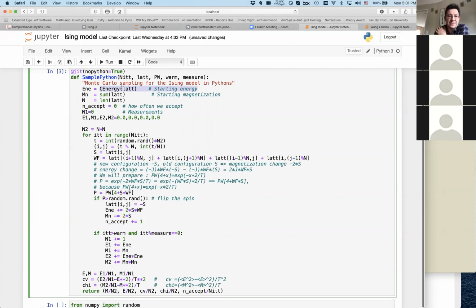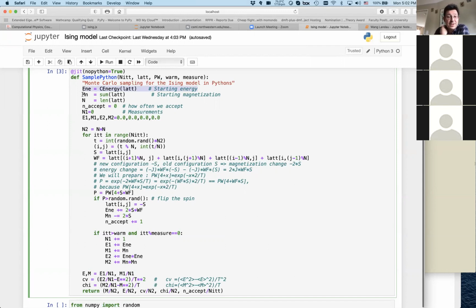Because this lattice is an input to this routine and can be any lattice configuration, we need a starting energy, and then later on we're only going to update the energy. We're never going to calculate the entire total energy again. We're only going to update the total energy, but at the beginning we have to calculate it from scratch.